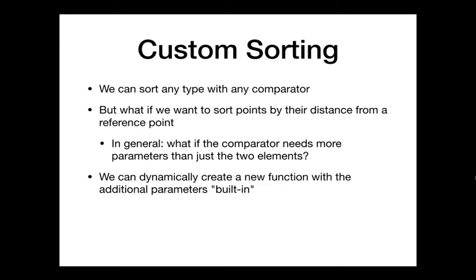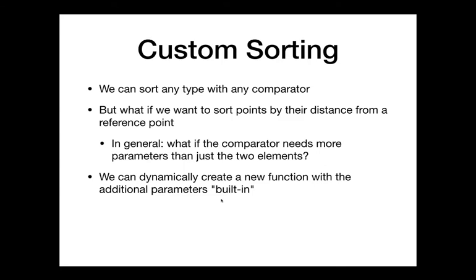How do we do that with a comparator that can only take the two things that we're comparing as its arguments? And the answer is going to be to write methods that return functions, and those functions have the input parameters baked into them or built in.